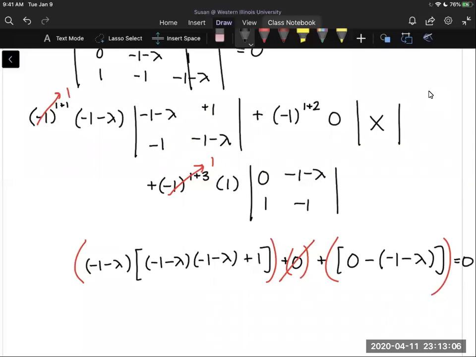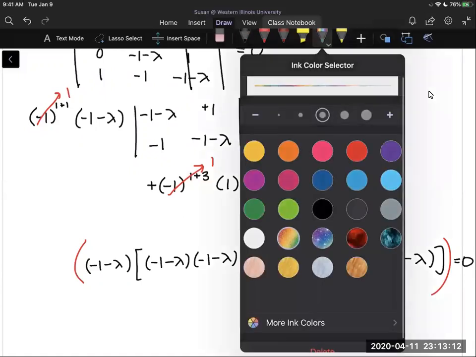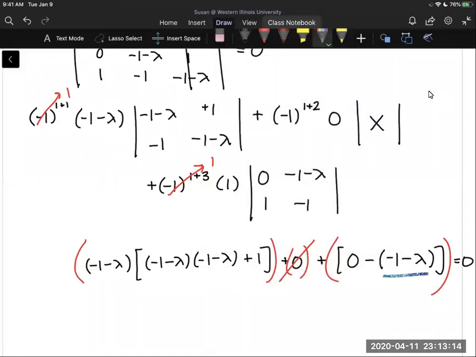So there's no sense in multiplying things out when I actually want to factor it in the end. So what I'm going to recognize is there is a factor of -1 minus lambda in both of these terms. So let's pull that out front, and let's write in brackets what's left over.